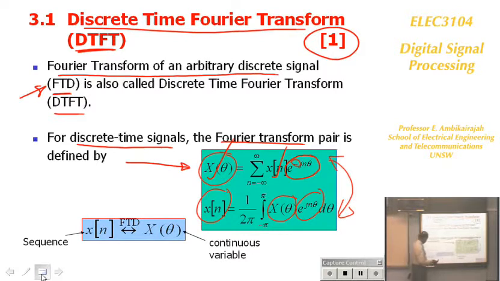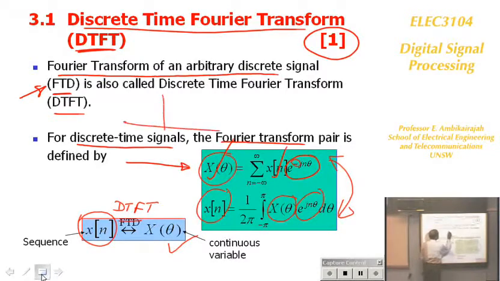Okay. So from now onwards, if you have a sequence and you take the discrete time Fourier transform, you get X(theta). And remember, X(theta) is continuous. So if you find X(theta) for a signal, the magnitude and phase are continuous in the range of minus pi to plus pi.